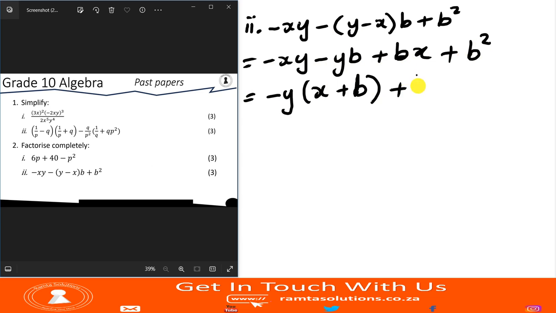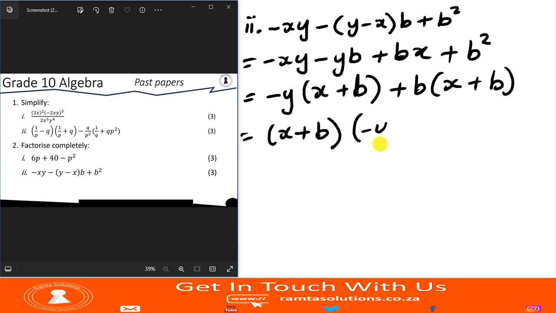So it will be plus b. We are left with x plus b. Again, there is a common factor here. What is it? It is x plus b. What are we left with? A negative y plus b. So this is us factorizing this expression. So now you have completed your question. You are good to go.